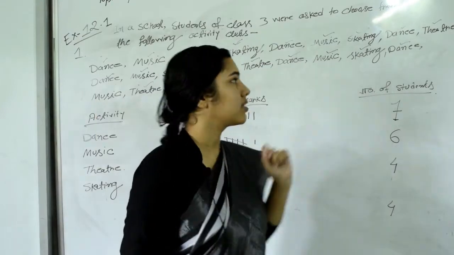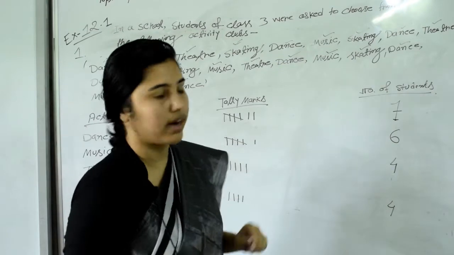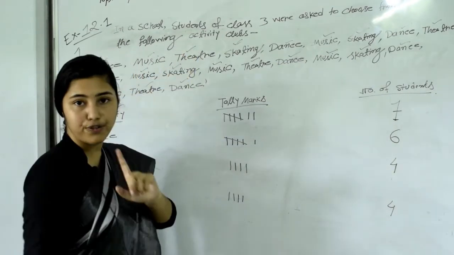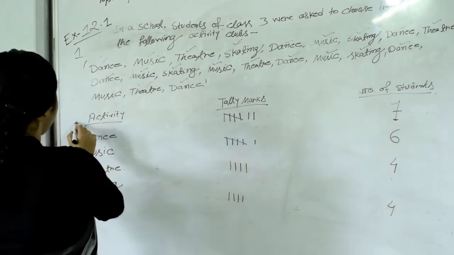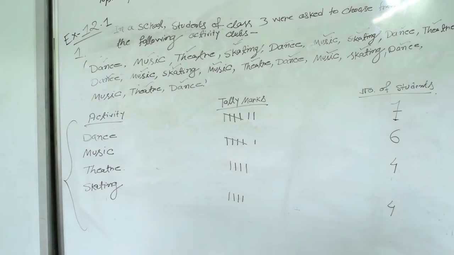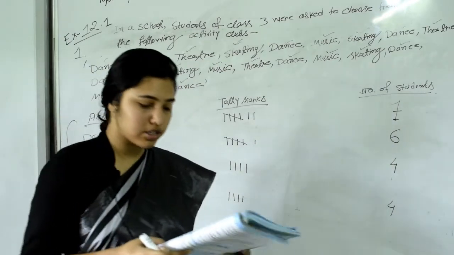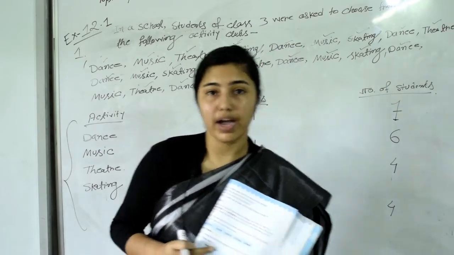So here this is called our information or data, and from this data first we have to form this table, and now from this table we can answer some questions. Our first question: which activity is chosen the most by students?